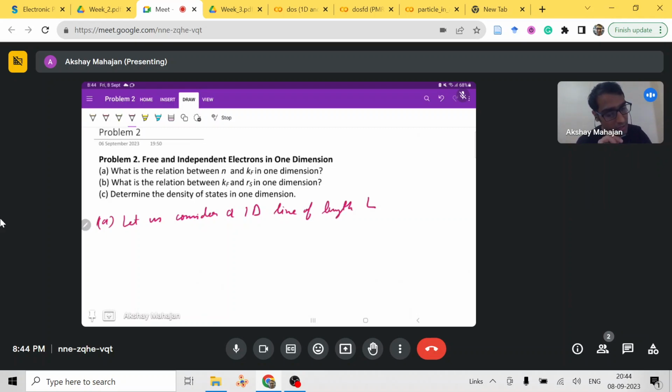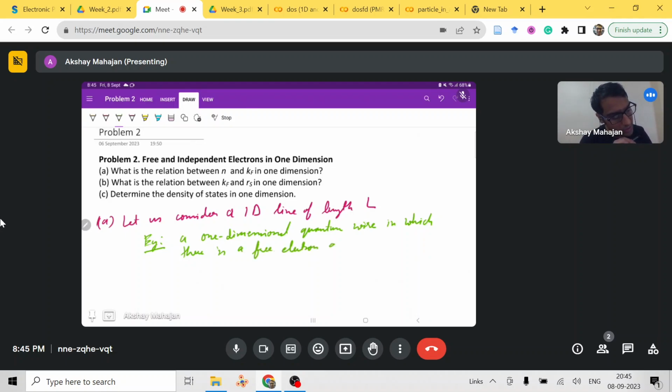Now 1D might be something completely theoretical, but as an example, 1D could be a one-dimensional quantum wire in which there is a free electron gas.